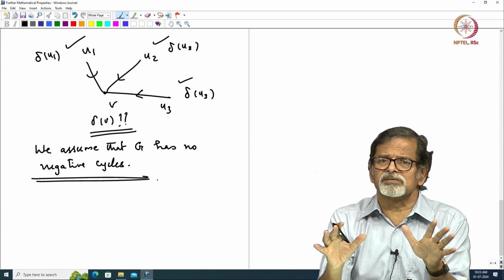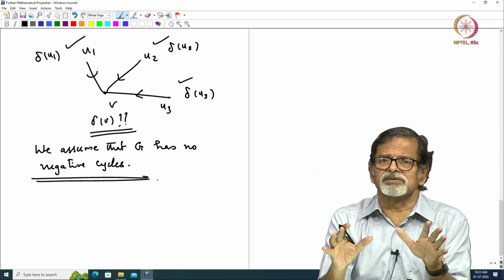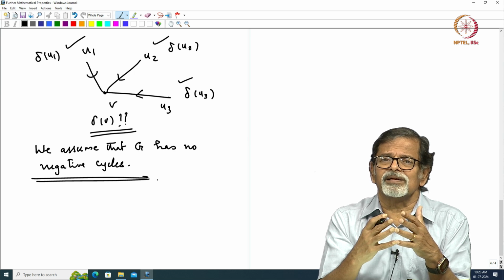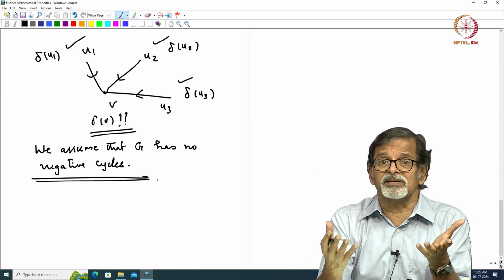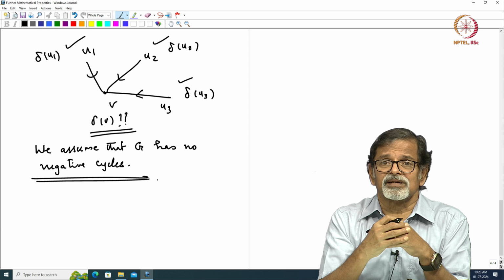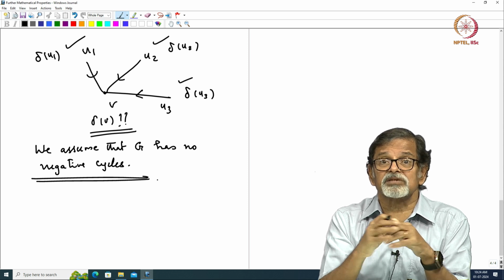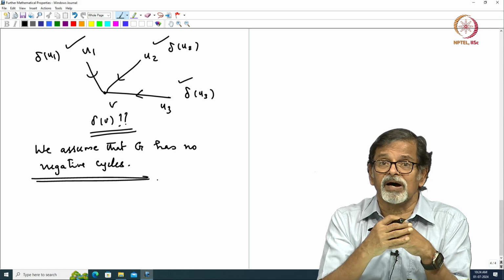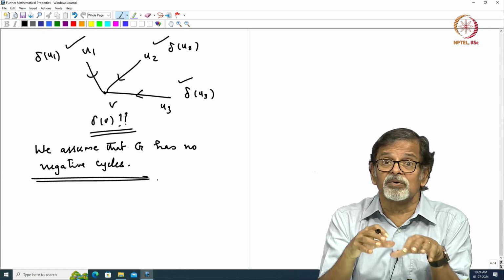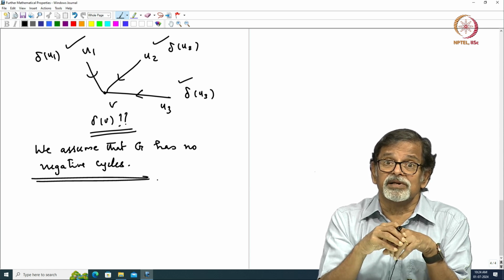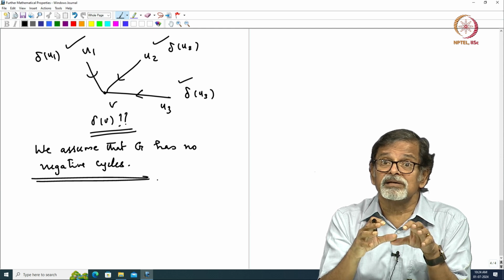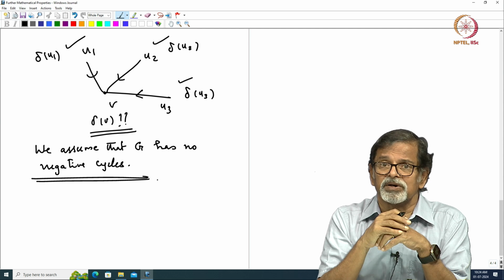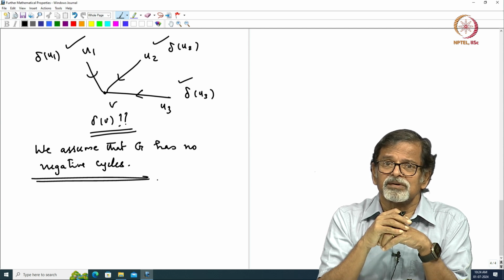It is a very hard problem, alright. We have no way of solving them efficiently. NP complete means there is no hope that we will be able to find a polynomial time algorithm for it. Therefore, the assumption that G has no negative cycle is becoming important even from the complexity theory point of view.